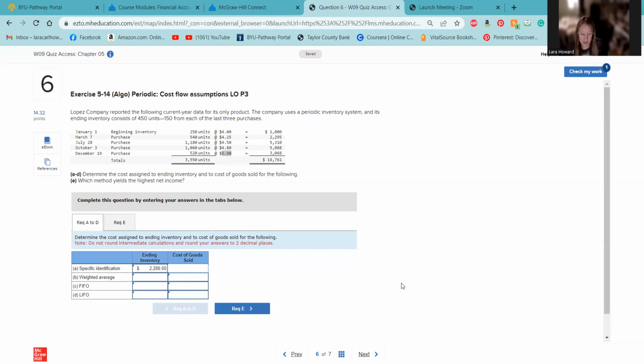Now, to get the cost of goods sold, you take the beginning inventory plus all of the purchases minus the ending inventory. Here we see that the beginning inventory plus the purchases is already done for us.